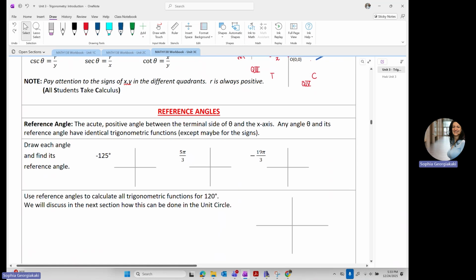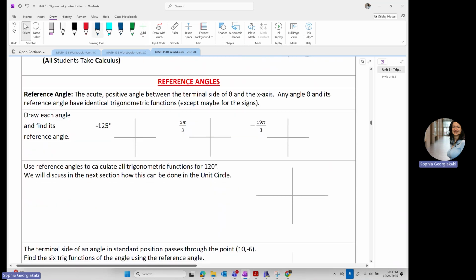So if I have the angle negative 125 degrees, it's negative, so I'm going to start from 0 and go in the negative direction, and I'm going to pass 90 degrees and I will not pass 180 degrees. So this would be my angle, negative 125 degrees. Then the reference angle will be the angle that the terminal side makes with the x-axis.